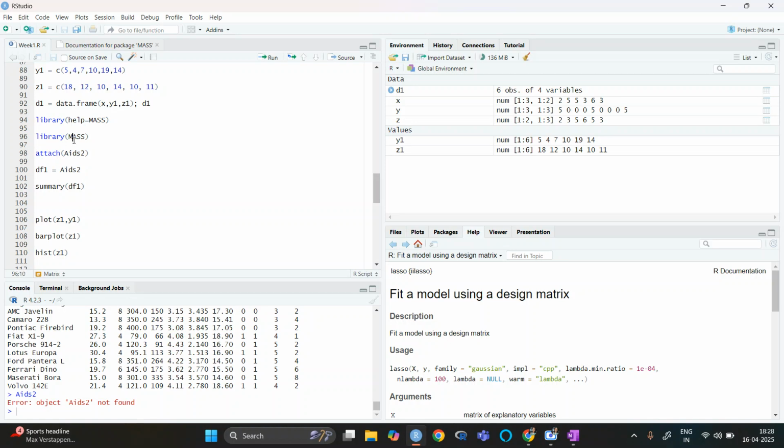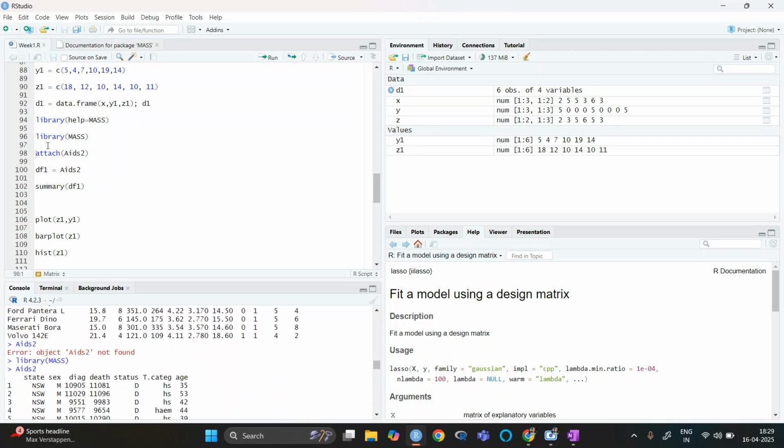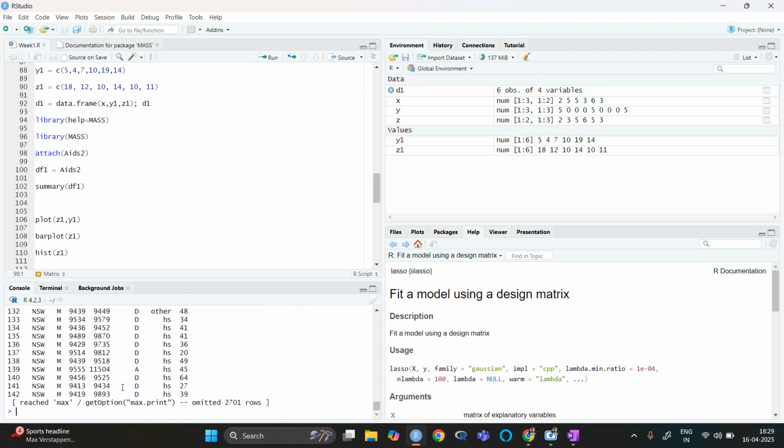So first you need to have the library, then attach h2. If I write h2 again, then you get this data set once I have loaded that library.